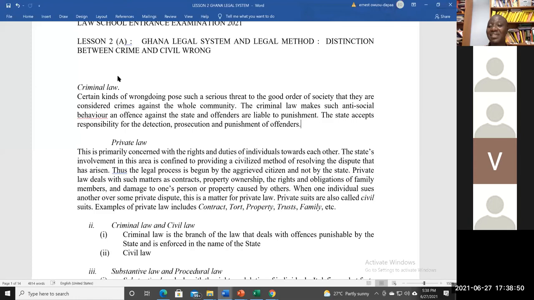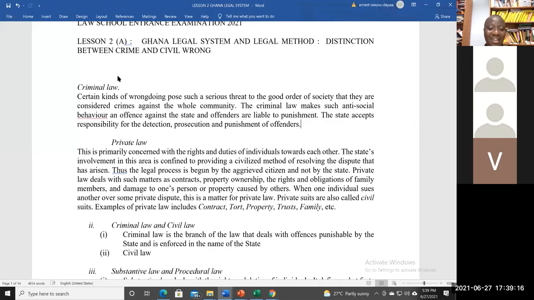But nobody knows how many questions will come. Sometimes you look at the kind of questions, and maybe just about 3 or 4 questions come from the Ghana legal system and legal method. So since we don't know which ones, I think it is very useful and very helpful for us to keep reminding ourselves about the basics.